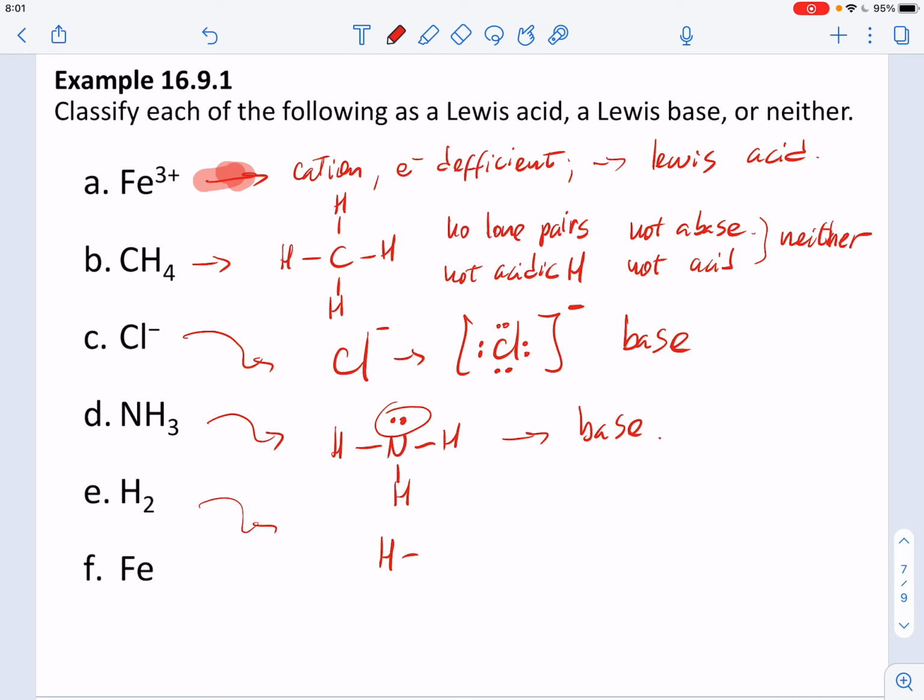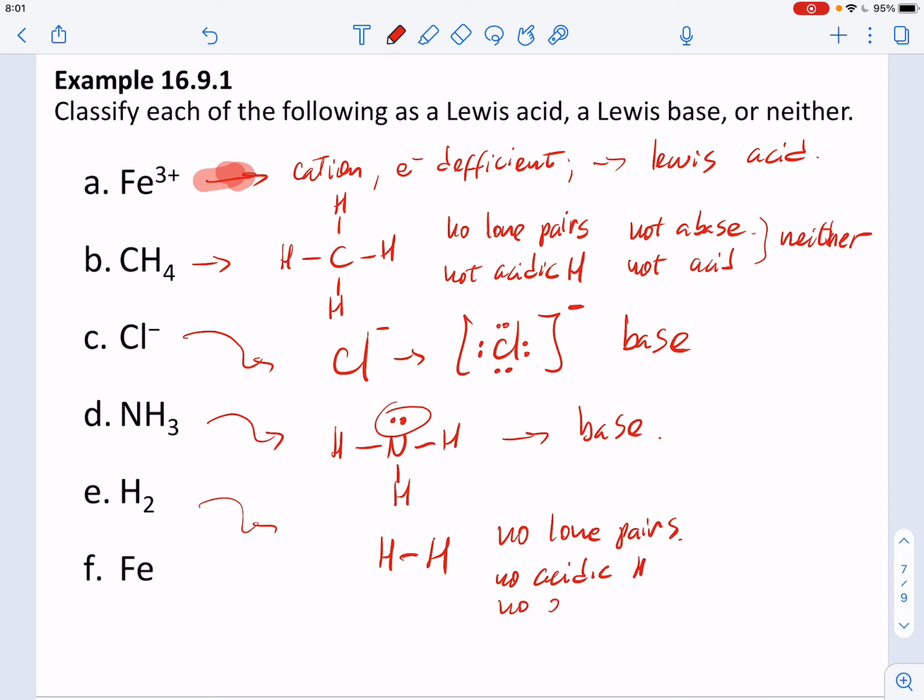Hydrogen, well, hydrogen is a single bond between the hydrogens, so no lone pairs, so it cannot be classified as a base. And actually each hydrogen is perfectly fine with that pair of electrons being shared between the hydrogens. So no acidic hydrogen, let's put it that way.